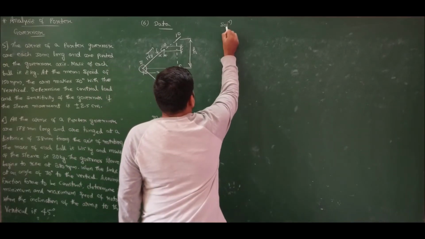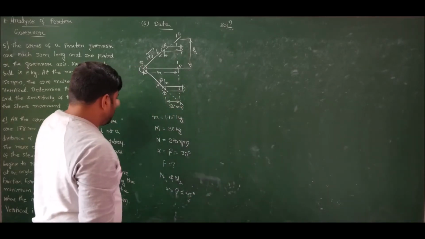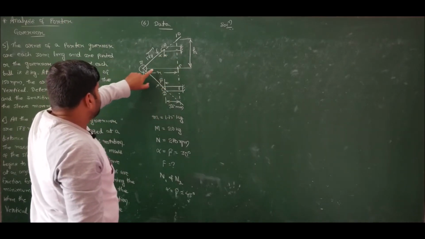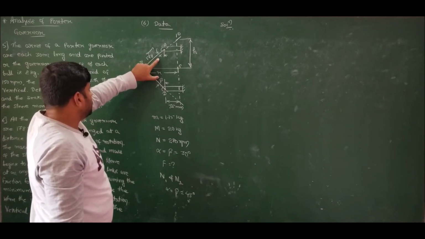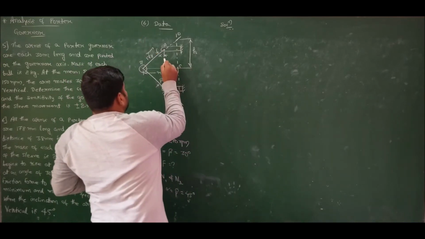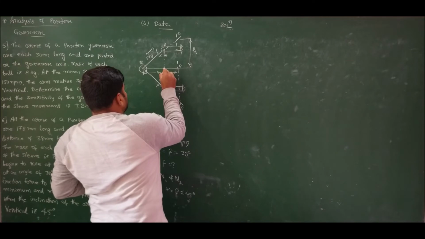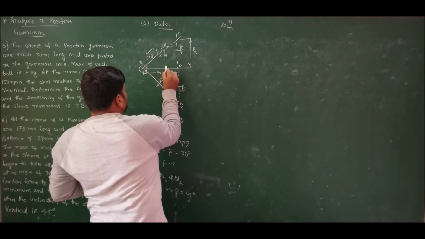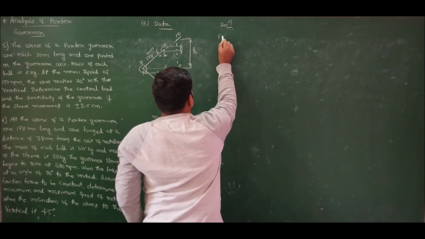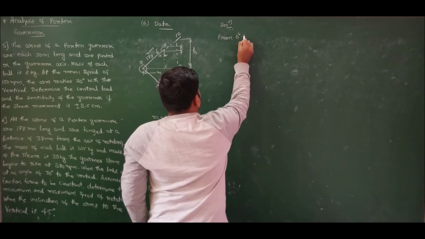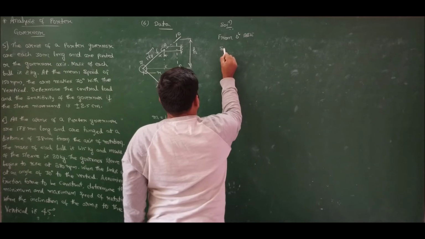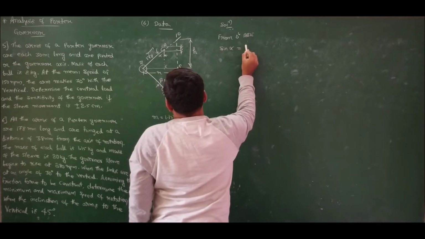If I move for solution, first I should determine what is the value of R and H. Correct? We know only this angle alpha, which is 30 degree, and we know 178 is the arm length. So therefore, if I extend it forward and cut it, let me call it as E. So from triangle ABE, what I can write? From triangle ABE, sin alpha is equal to opposite side.